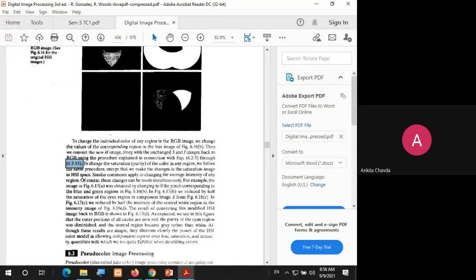This is a flipped classroom topic, because here you don't need to read much, only a few lines on how they have done this based on those formulas. Based on those formulas, they have calculated what this sector is, what that sector is. They simply calculate H, S and I, hue, saturation and intensity.